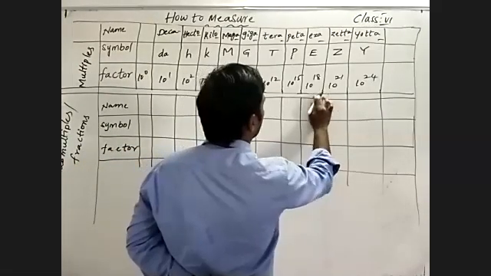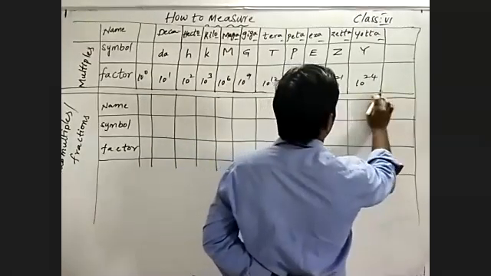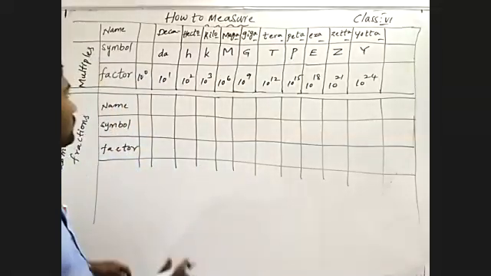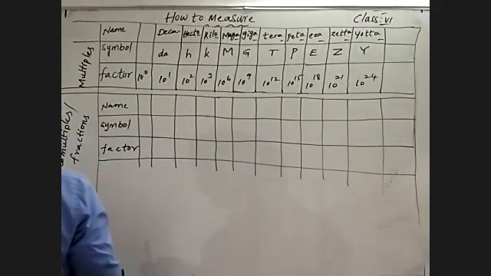Okay, see. What are the names for the submultiples?